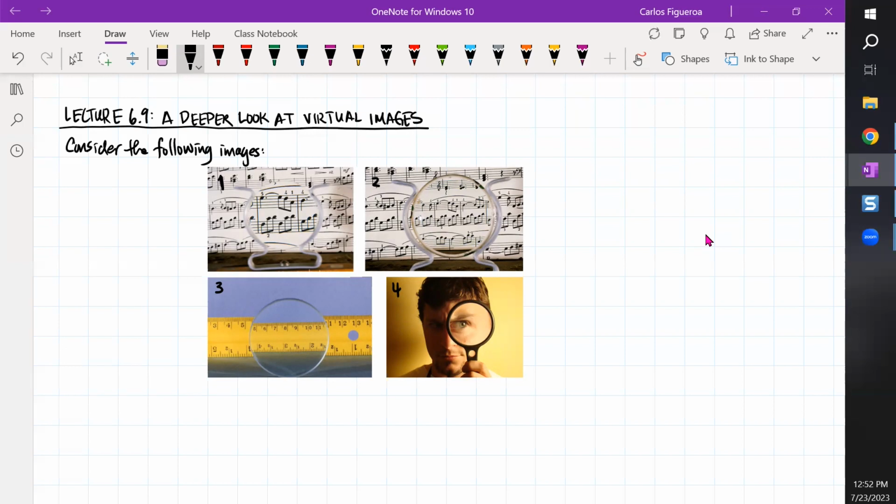And in this case, we're looking at virtual images. Let's say that they're from lenses. So we assume these are all virtual images of a lens.